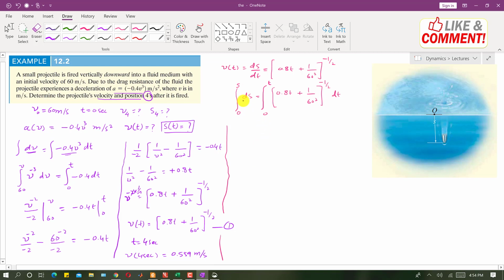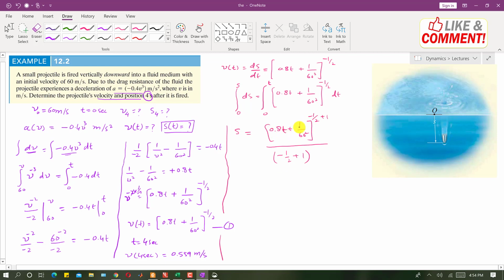Now when we integrate this, the left side is s minus 0, so this is s. The integration of the right side is (0.8t + 1/60)^2, and we add 1 to the power and divide by the new power, so minus 1/2 plus 1, and then we divide the whole thing by the derivative of this function.